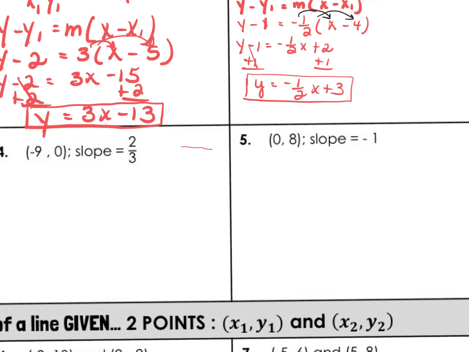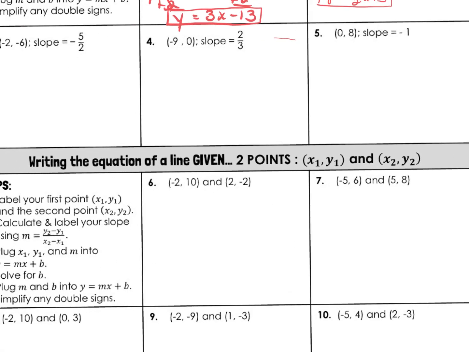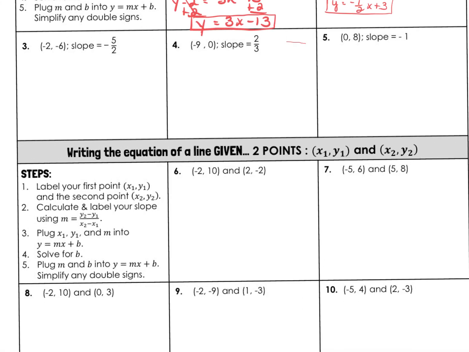In the next section, we are going to write the equation of a line given 2 points. And we've really done this before, so I'm just going to start. Okay? So first we're going to label our points. This is x1 and y1, x2 and y2. And we know that our equation for the slope is m equals y2 minus y1 over x2 minus x1.